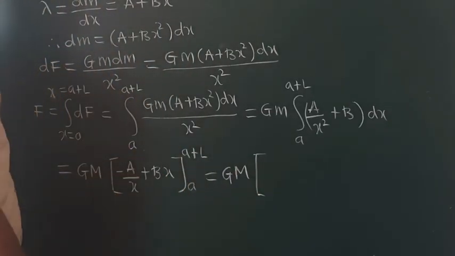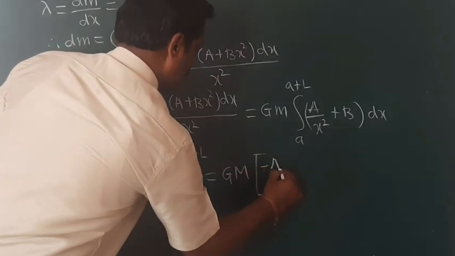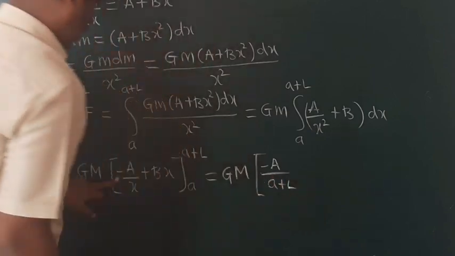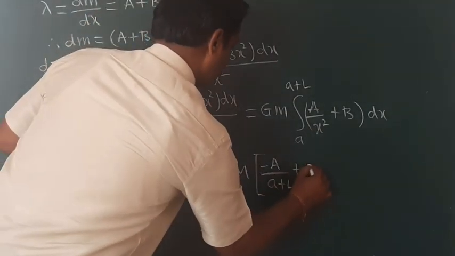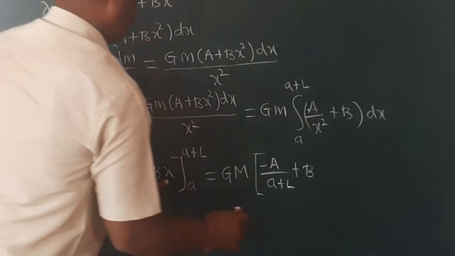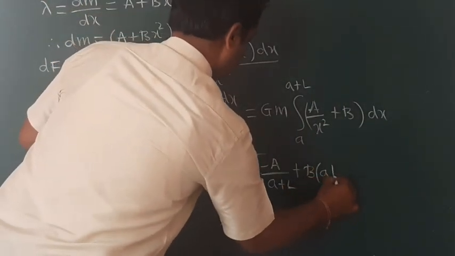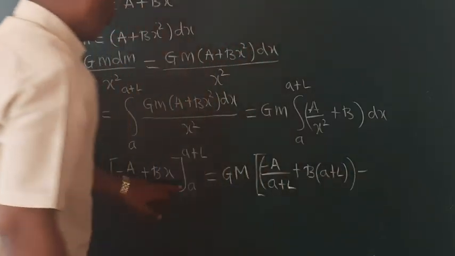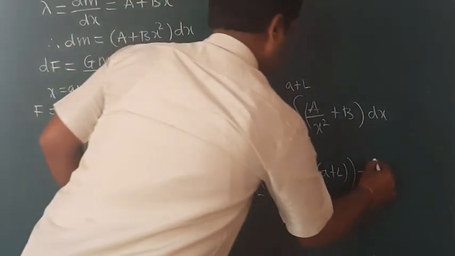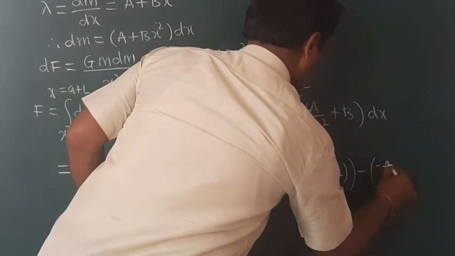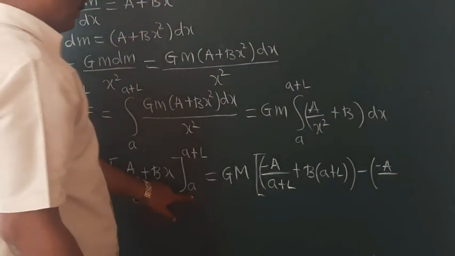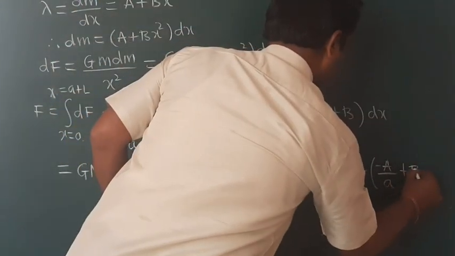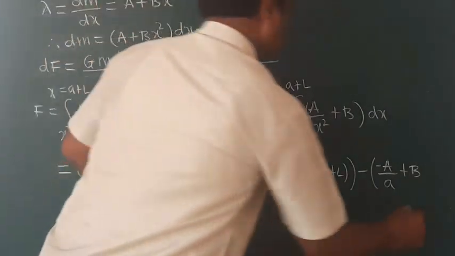First we will substitute the upper limit, then it becomes minus a divided by, in place of x I will write a plus L, then plus b, in place of x I will write a plus L. Then minus lower limit, then it becomes minus a by, in place of x I will write a, then plus b, in place of x I will write a.